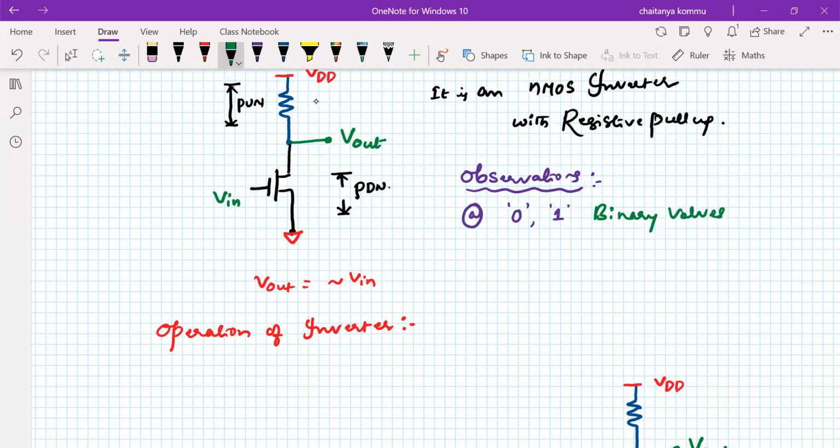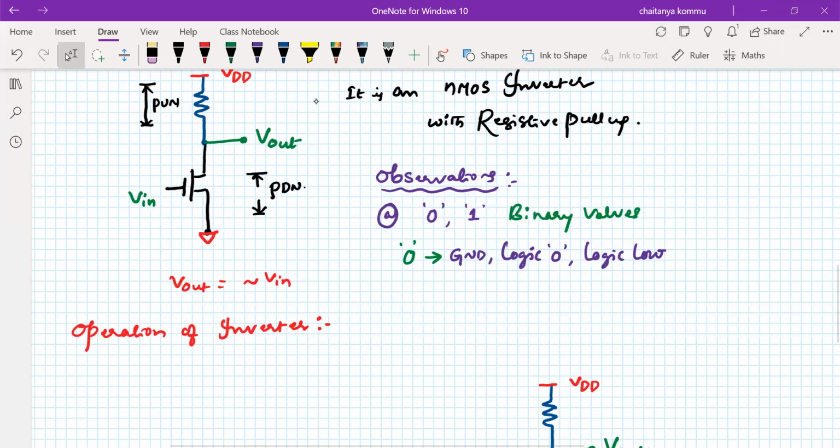What do we mean by binary 0? It can be ground, or it can be called logic 0, or logic low. Either name is possible, or it may be a zero value. So 0 volts we normally consider.